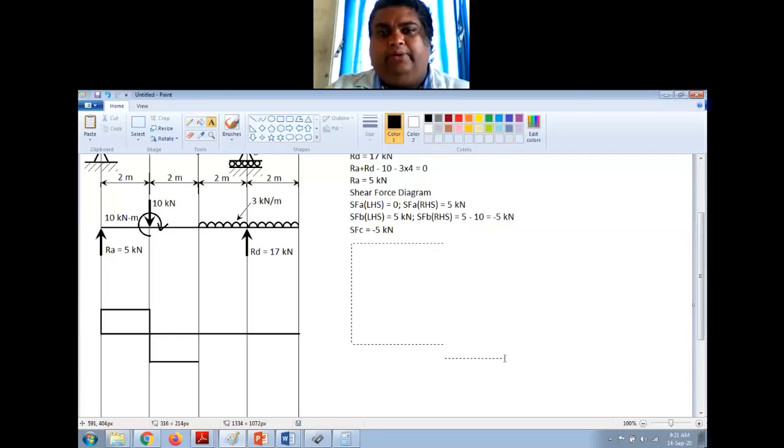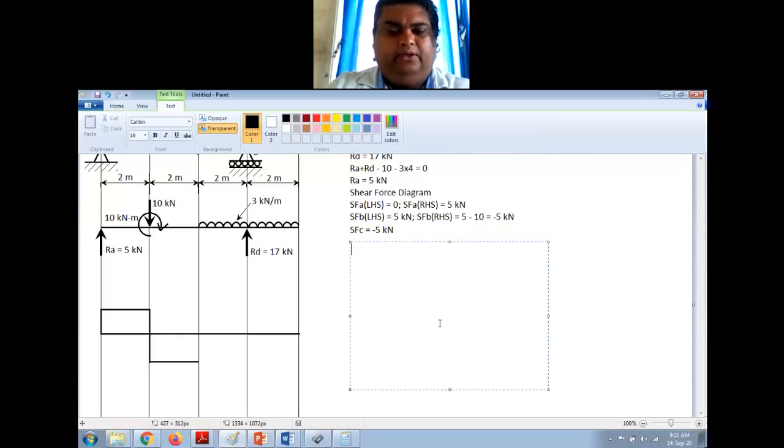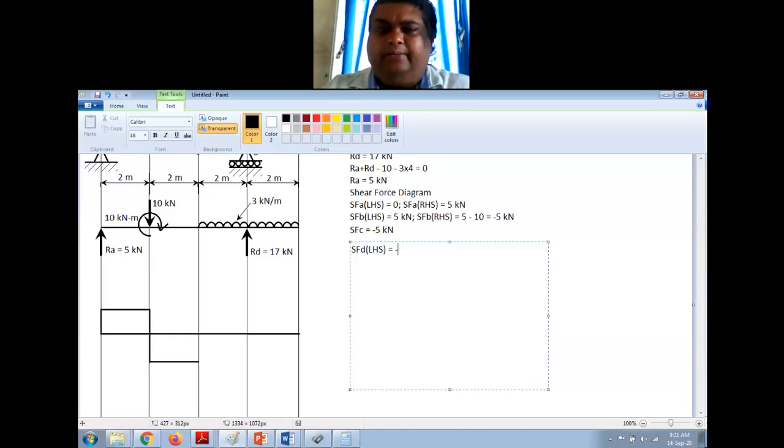Now what will happen at D? SFD on LHS, from the left hand side. Now I am already at minus 5 kilonewton. I have to subtract this force, that is 3 kilonewton into 2 meter.